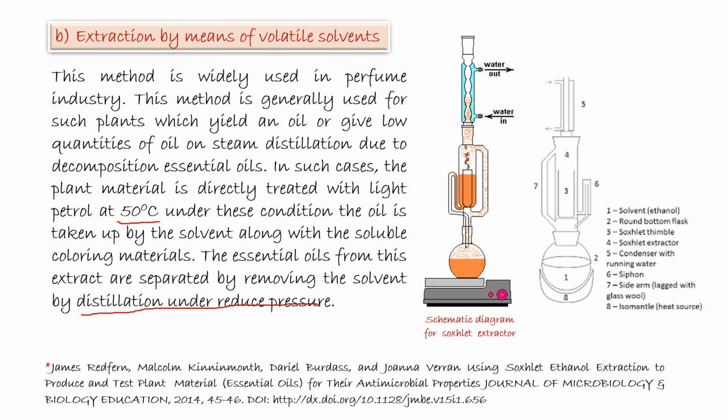Well, we have here a container of solvents. We have here a Soxhlet extractor with siphon side arm. We have here the Soxhlet thimble, which contains the plant raw material.